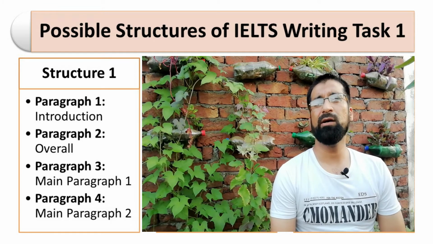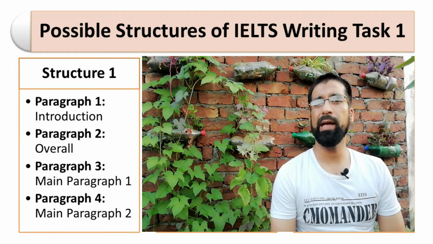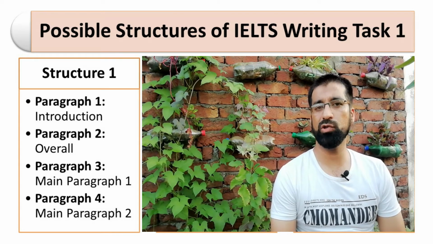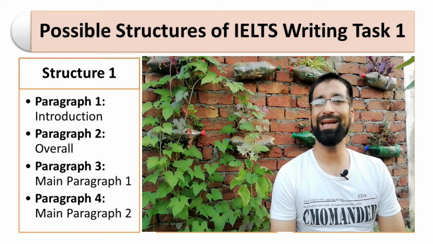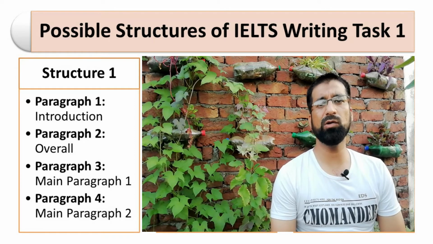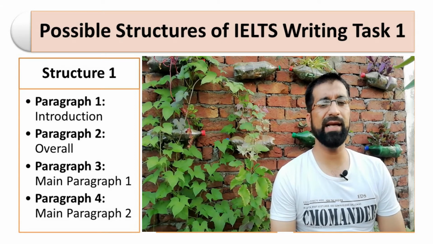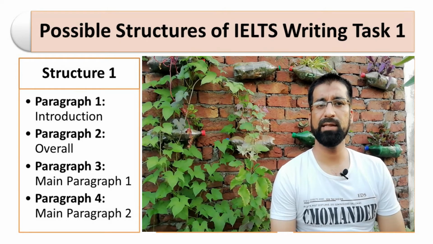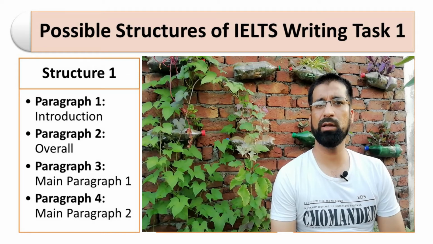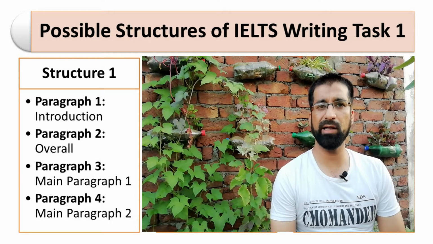You can deal with IELTS Academic Writing Task 1 by following any structure that you want to. So let's begin. The structure that we are going to use consists of 4 paragraphs. The first paragraph is an introduction. Second one is an overall. Third one is main paragraph 1, and last one is main paragraph 2.